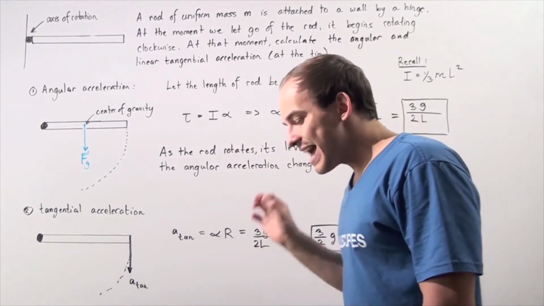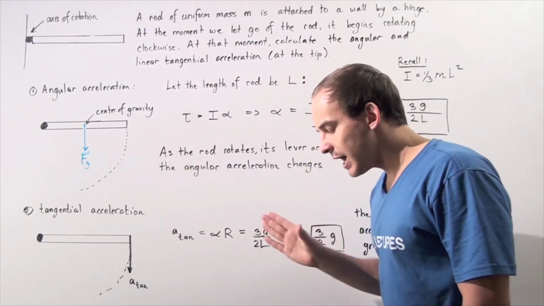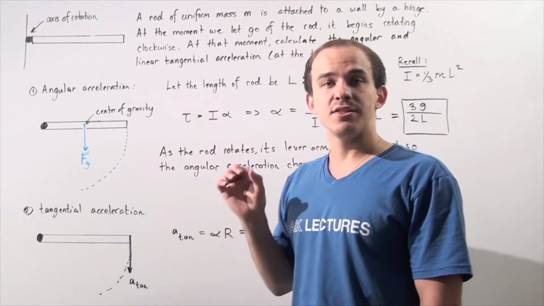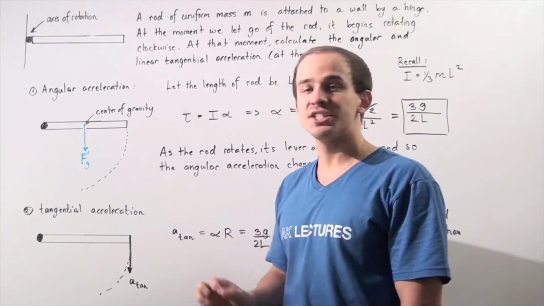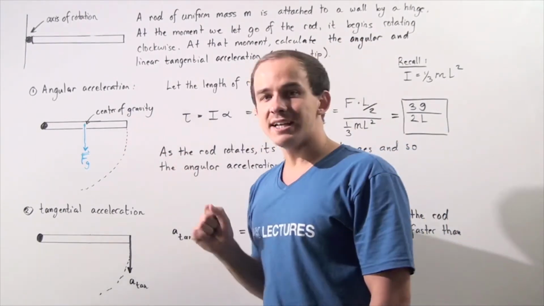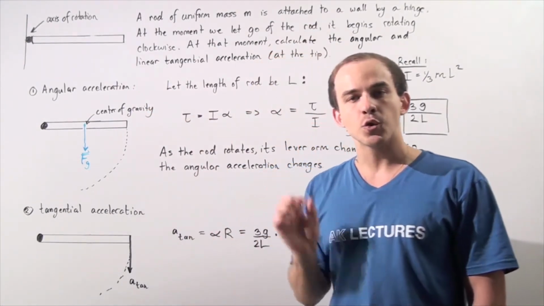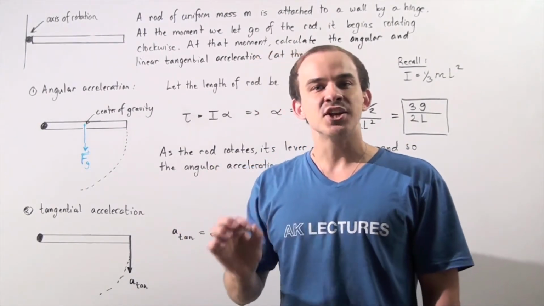So what exactly is the force acting on the rod that's creating that rotational motion? We need to find the force that creates our torque. The only force acting on our rod when we let go of it is the force of gravity. And the force of gravity acts at the center of gravity.